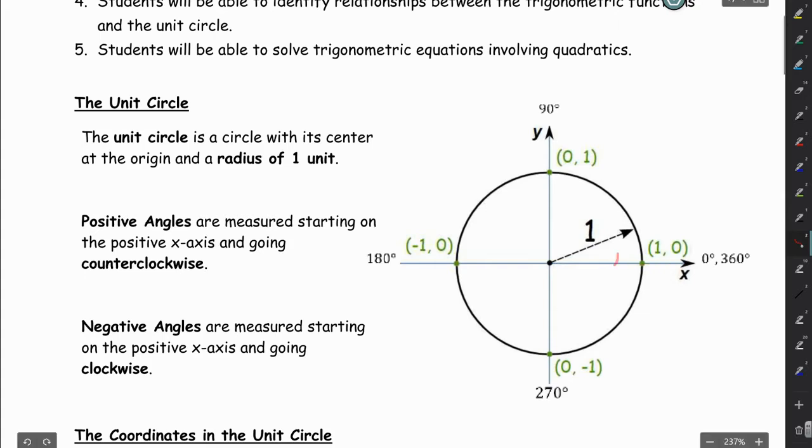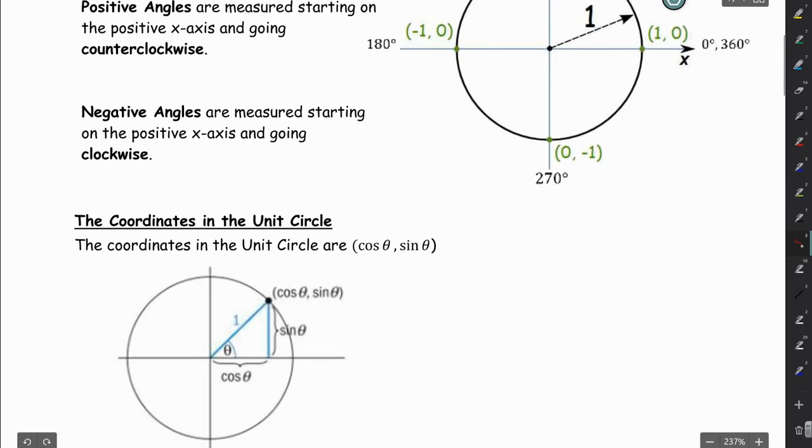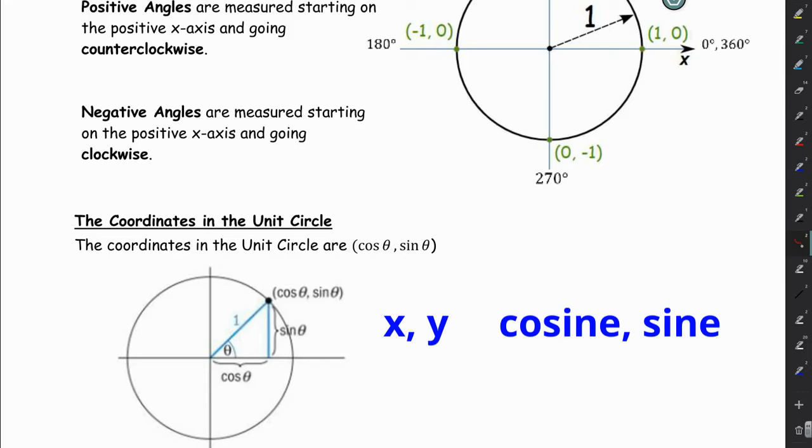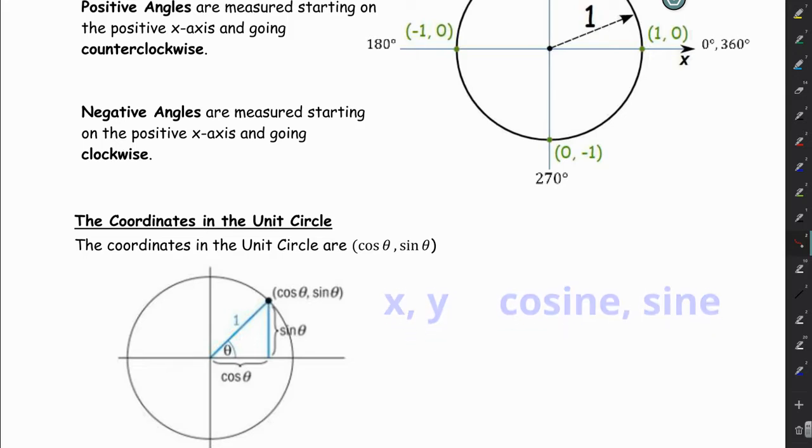So this is positive 90 degrees, and this would be negative 90 degrees. So negative angles go clockwise. The coordinates of the unit circle are cosine, comma, sine; x, comma, y. So any coordinate that you find, the x part of the coordinate would be cosine and the y part is the sine.